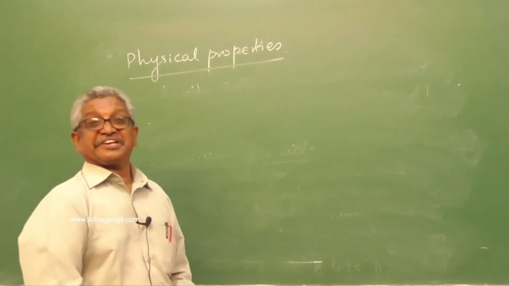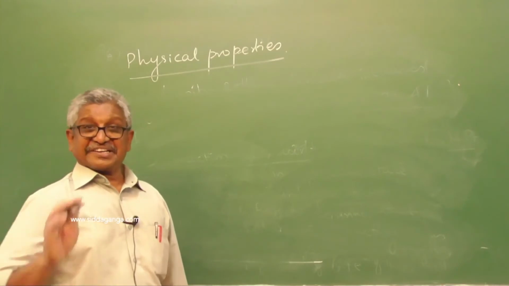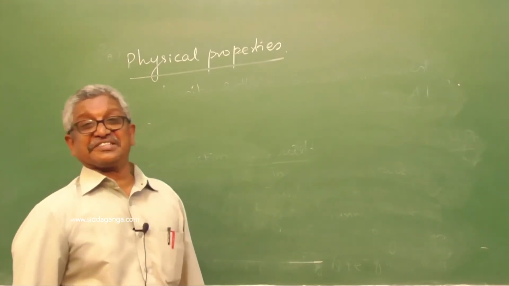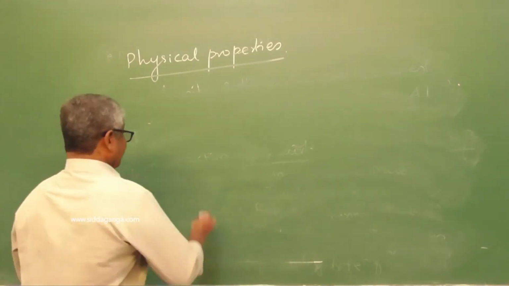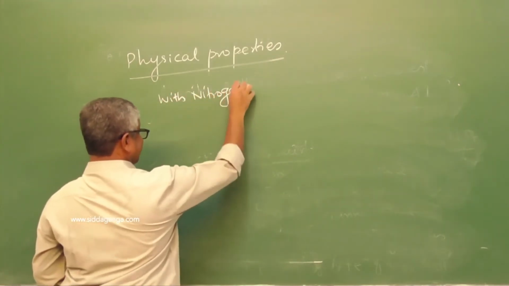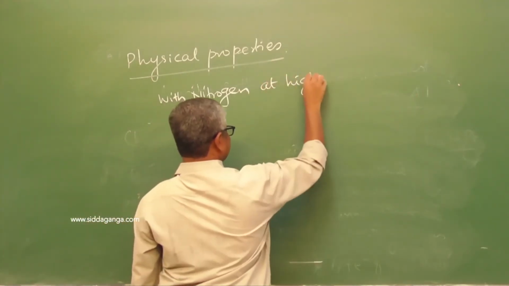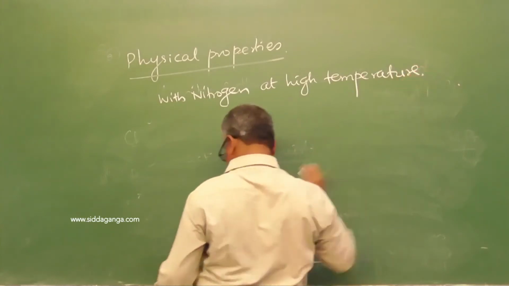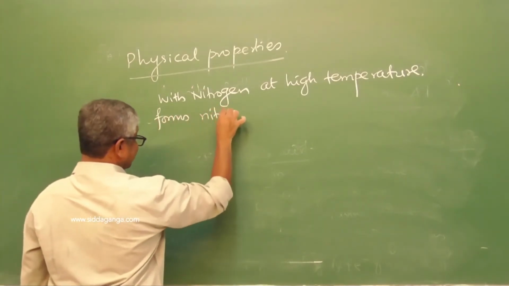Air contains about 78% nitrogen and about 21% oxygen. The second major constituent of air is oxygen; the first major constituent is 78% nitrogen. So when these elements react with nitrogen at a high temperature, they form nitrides.